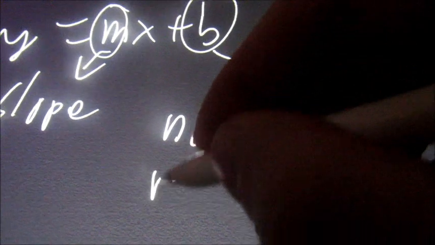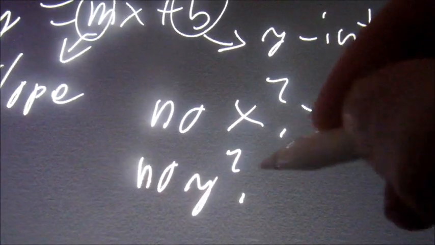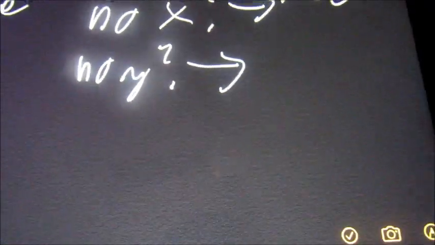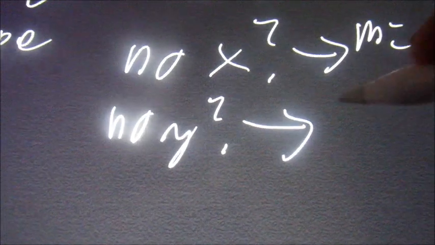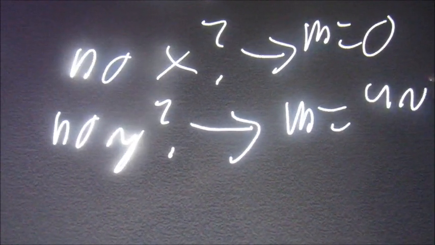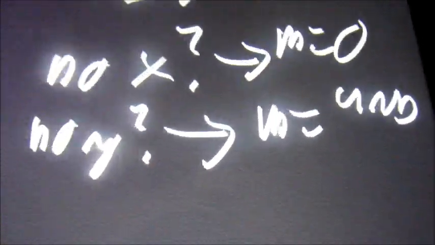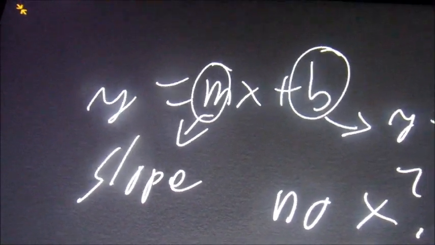Let's say, though, that we have no y. That means there's nothing to say what the slope is, so slope is undefined. For there to be a slope, there has to be a y somewhere in the equation.